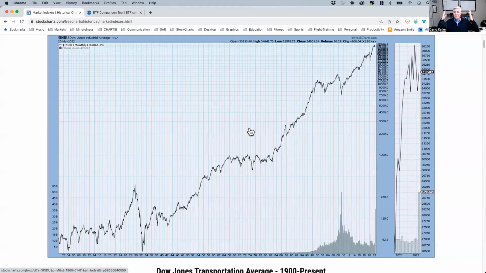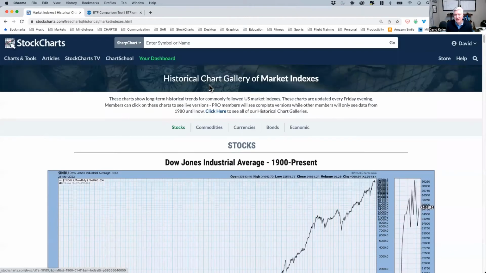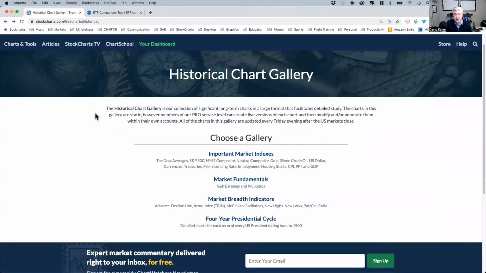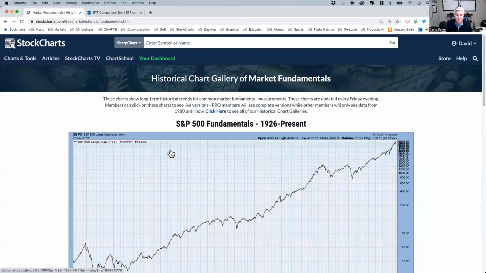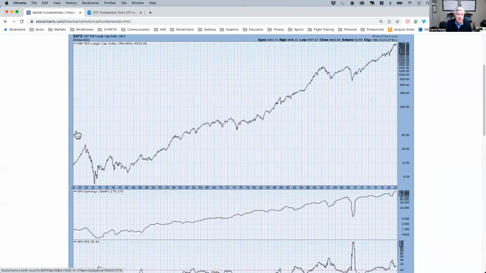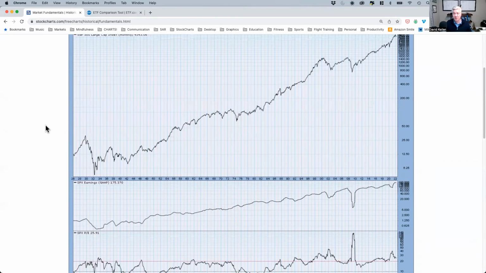So that idea of having these big long-term historical charts, you actually have access to them electronically through StockCharts. It's called the historical chart gallery. And again, we looked at just this one segment. I'd encourage you to look at some of these other ones if you really want to understand the relationship between price and earnings, and look at valuations and where we're at now relative to where we've been.